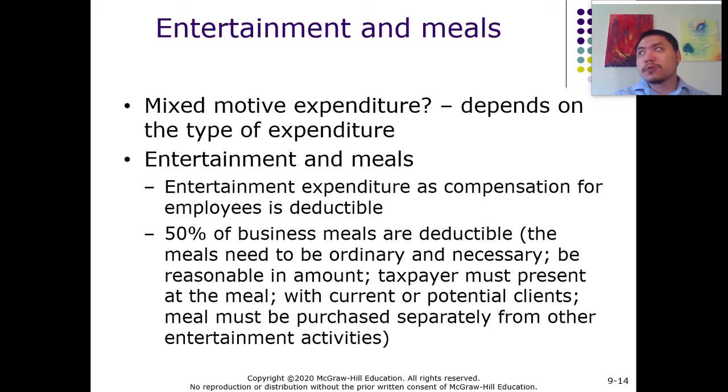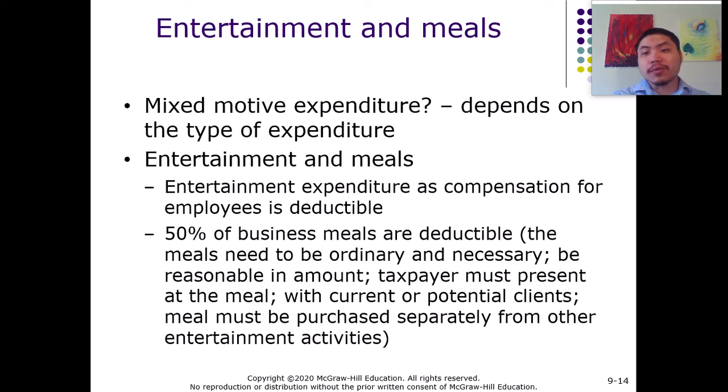So, for example, like the example I gave, a taxpayer goes on a business trip, and for the first 3 days he is trying to acquire some new clients, and for the remaining 2 days of the trip he just relaxes and spends some vacation time. For the meals in the first 3 days, he can deduct 50%.